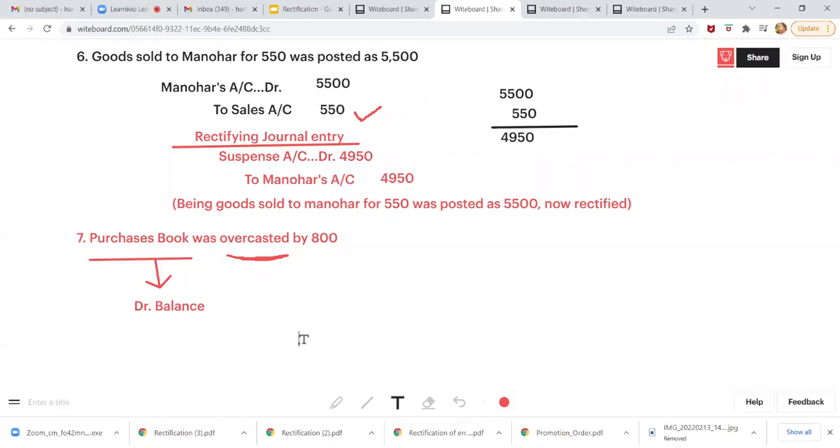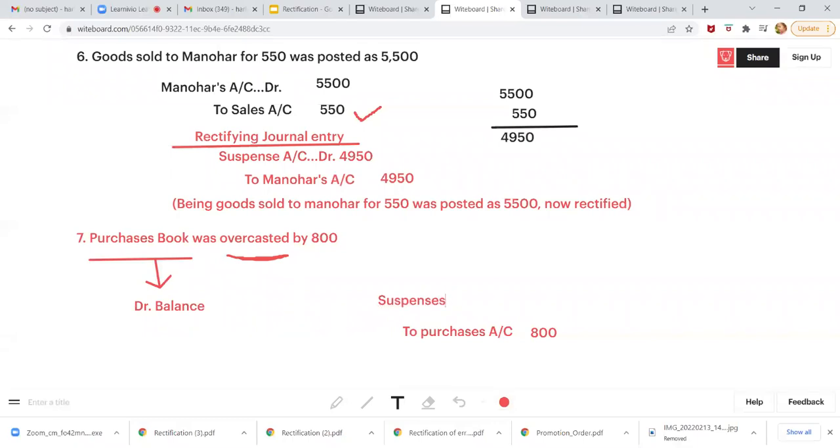As we know, this is a one-sided error, so first we will mention that we will credit the purchases account because it was wrongly overcasted, with the amount of 800. And to identify this error, we will create a suspense account on the debit side.